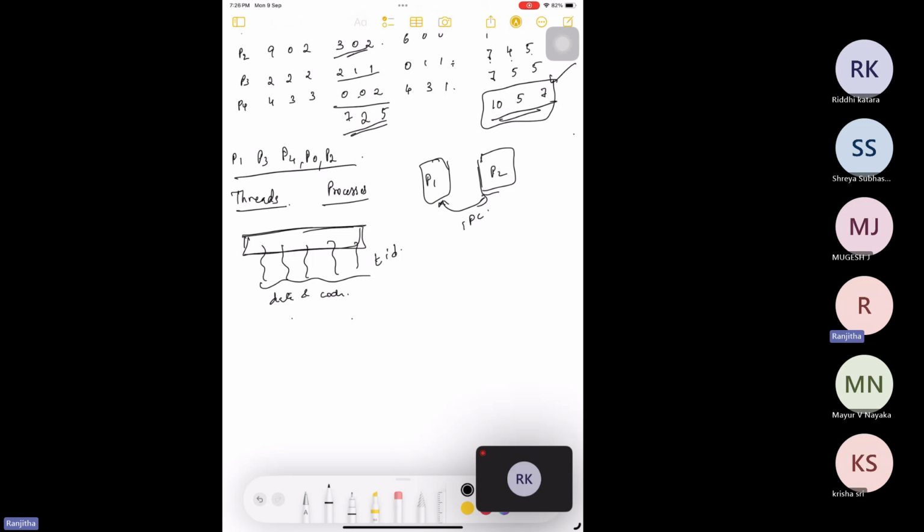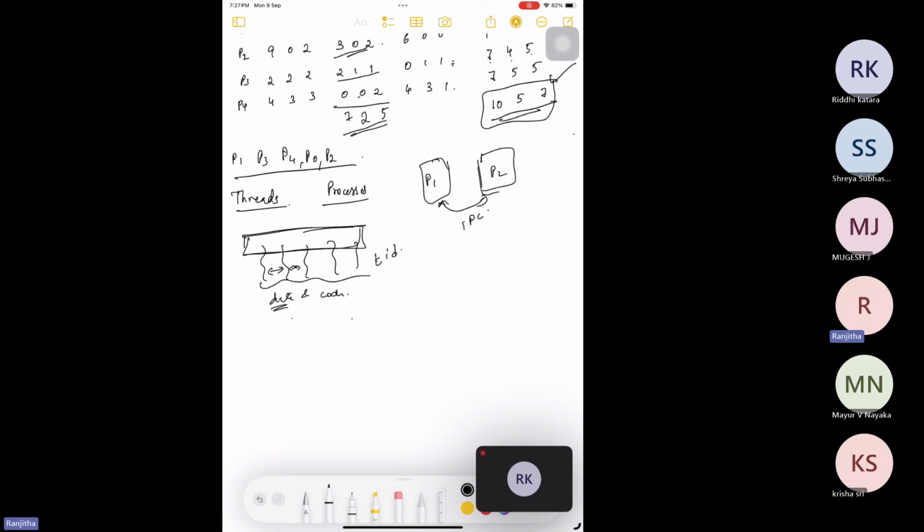Since they are not completely isolated, it's very easy to have communication between the threads, via the data segment. Sorry, inter-thread communication.